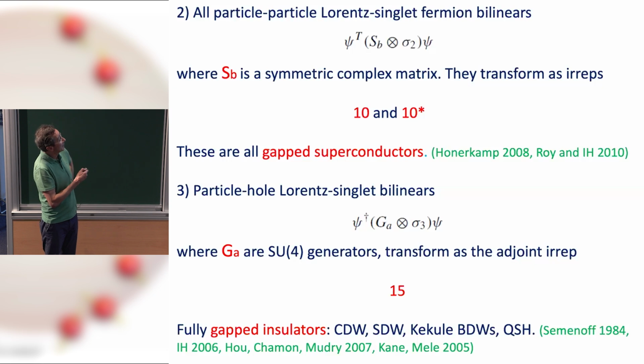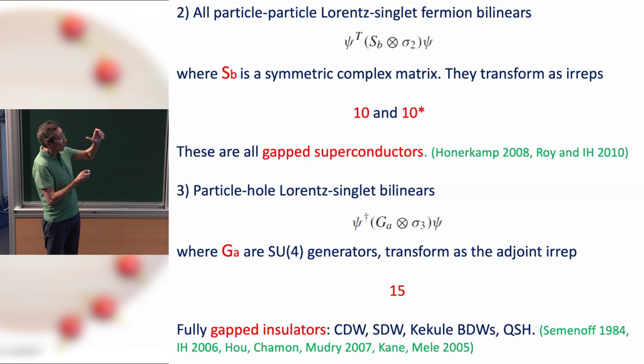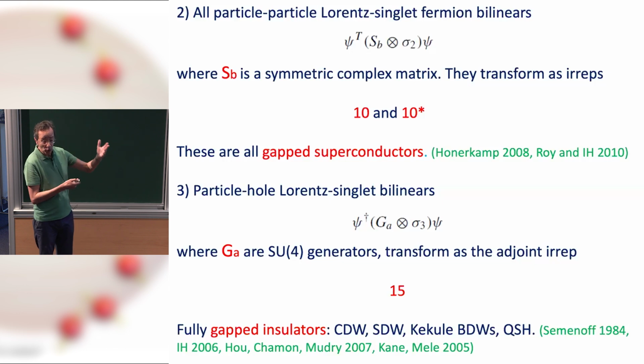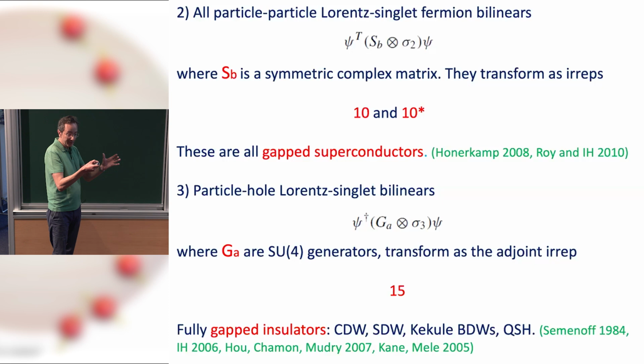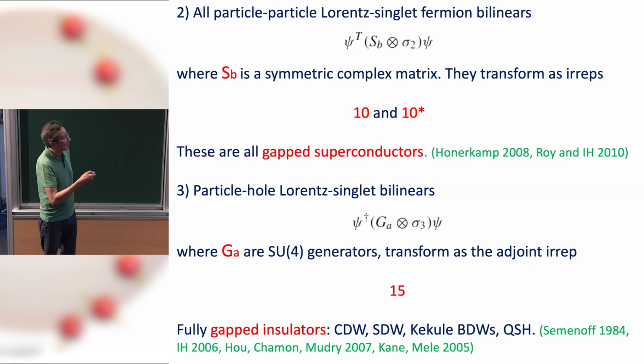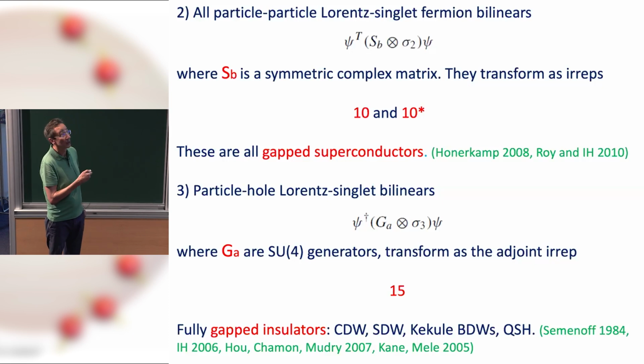The S that remains here in the first vector space then has to be a symmetric complex matrix. And therefore, this transforms under this U4 as a symmetric tensor, right? So there is a representation 10, that's basically the dimension of the representation, and 10 star, and all the superconducting masses which act as a Dirac mass basically fall into this group.